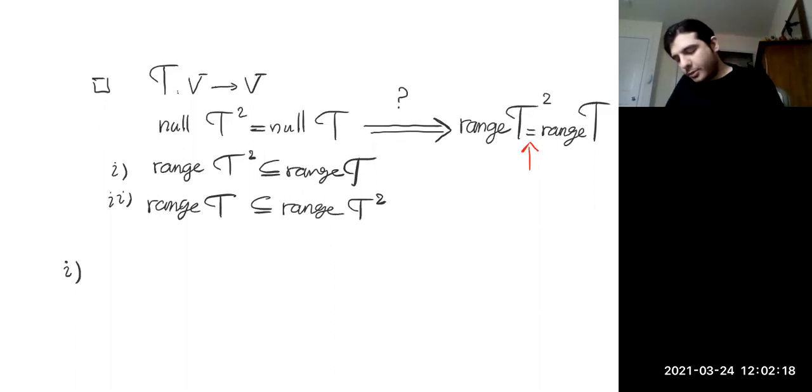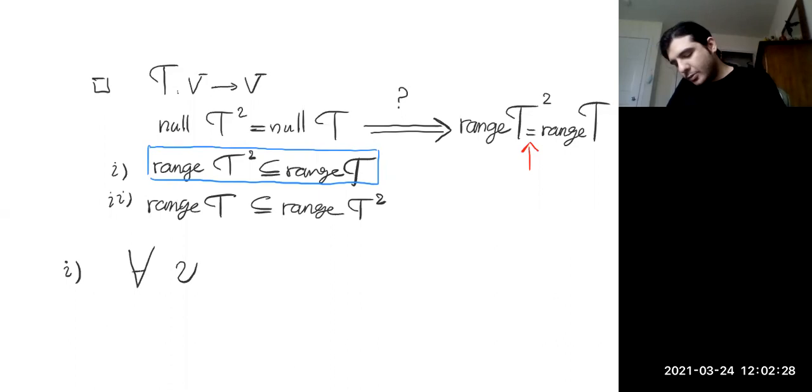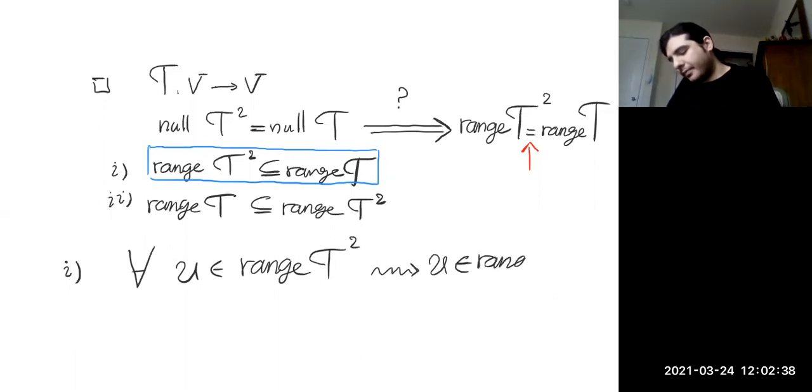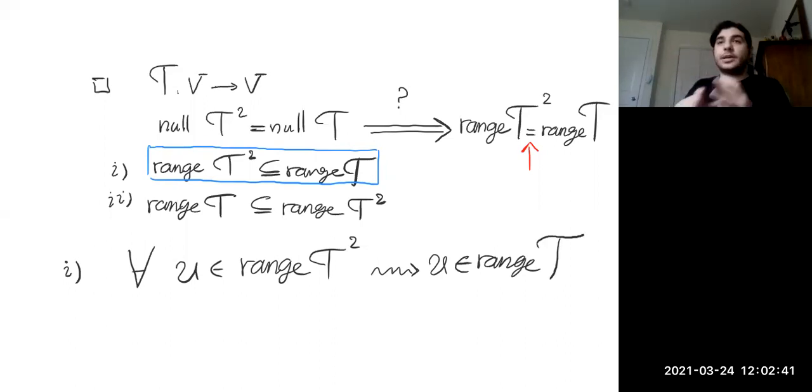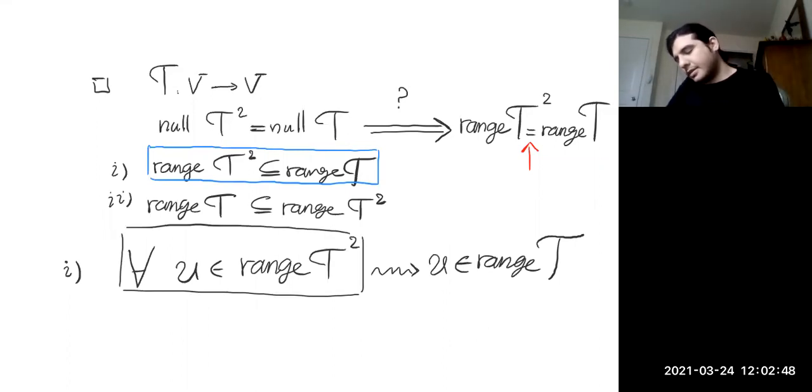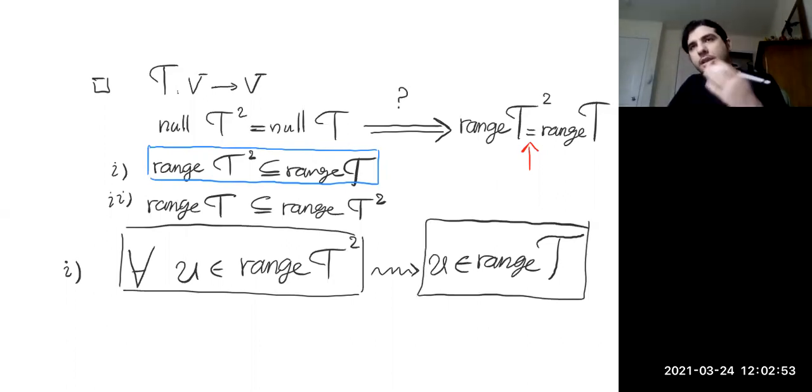So if I want to show this inclusion, that range of T squared is inside range of T, I should show for any element, say u, inside range of T squared, it is also an element of range of T. That's what it means to be a subset of another set. Now, this is my assumption, and this is what I want to prove. So let's look at our assumption.